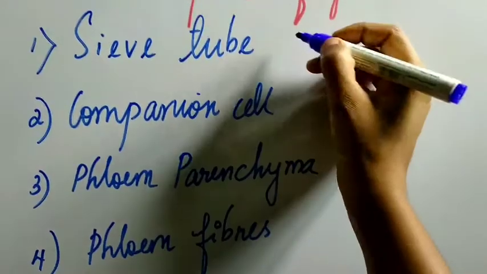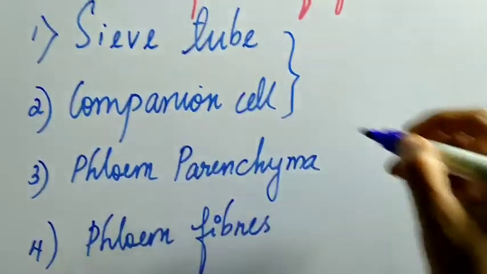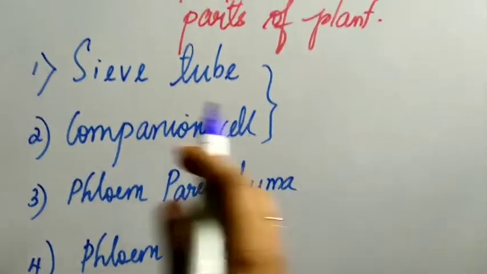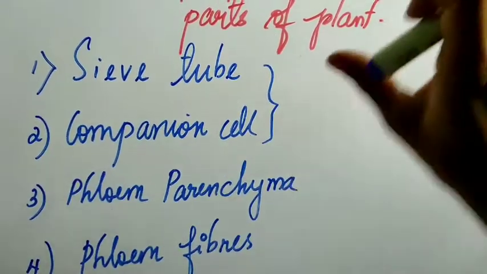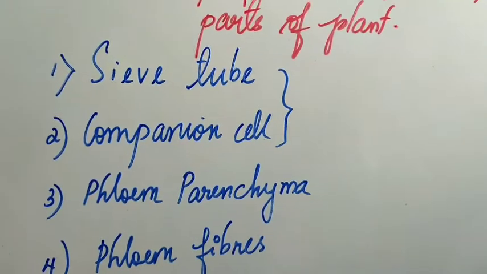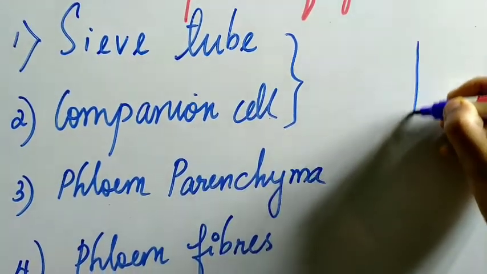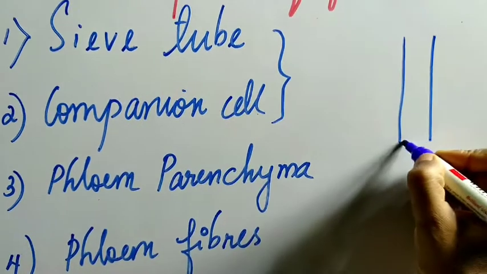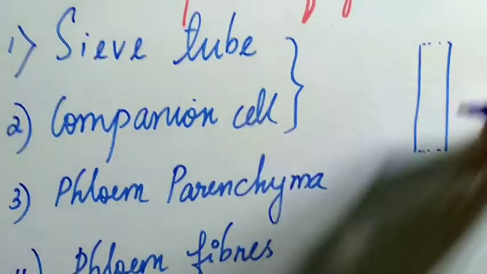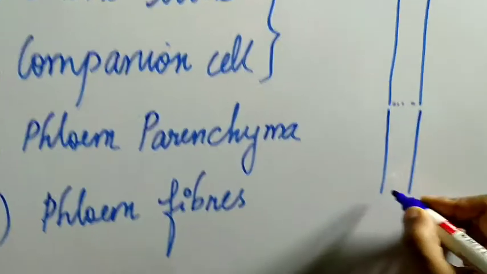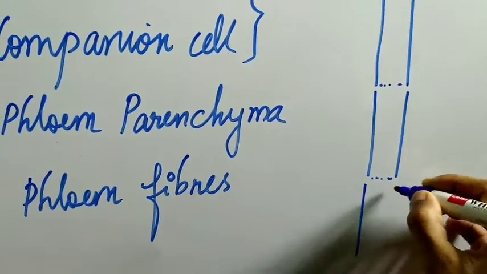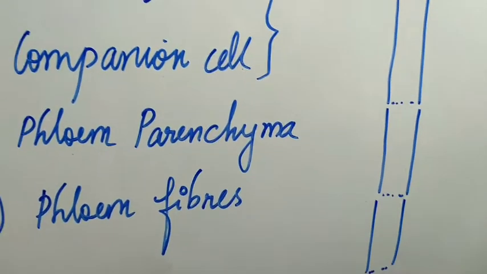Just like earlier, these two components of phloem work together. Sieve tube is a tube, just like it is saying tube. These tubes are arranged one above the other. One sieve tube, and just below that, the next one.